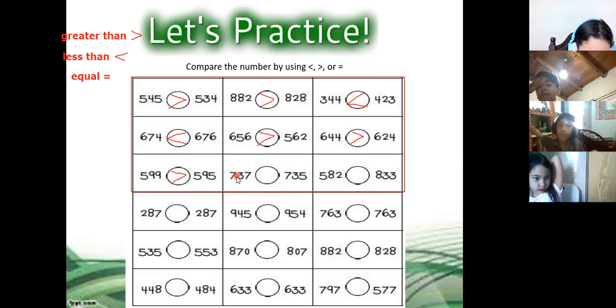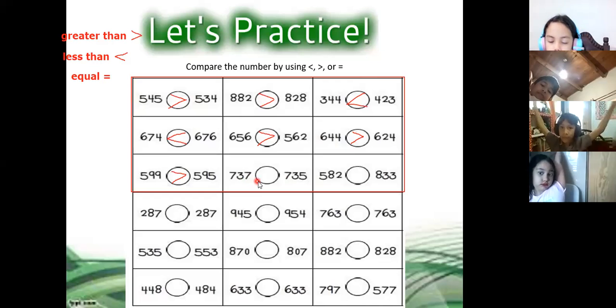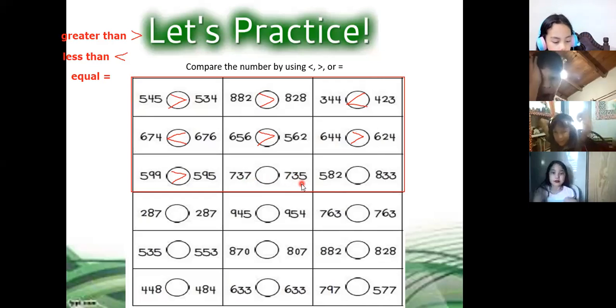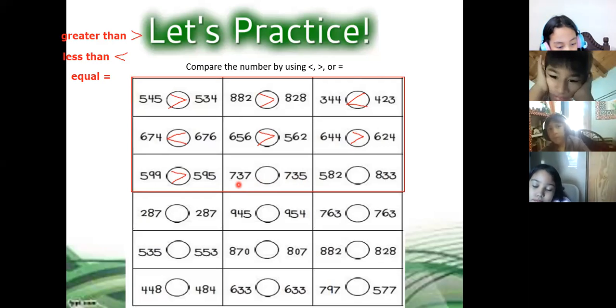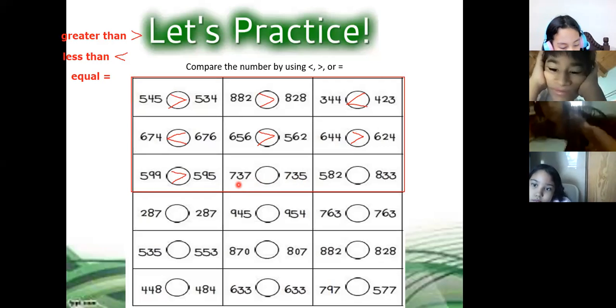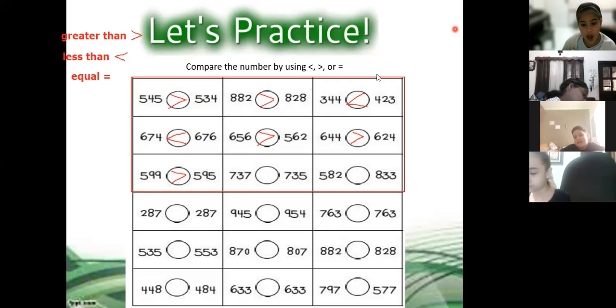Excellent. Now, Santiago, 737 is greater, less, or equal than this number? Less. 737 is less? Are you sure that it's less? Yes. Okay, let's check Santiago.